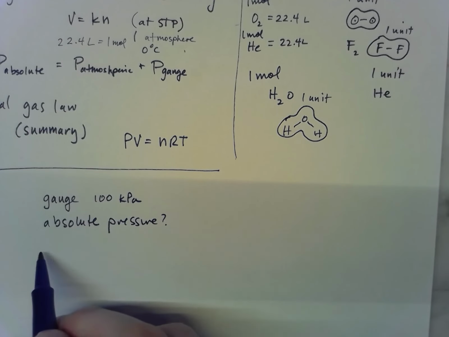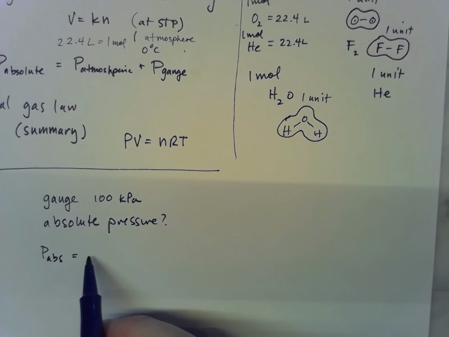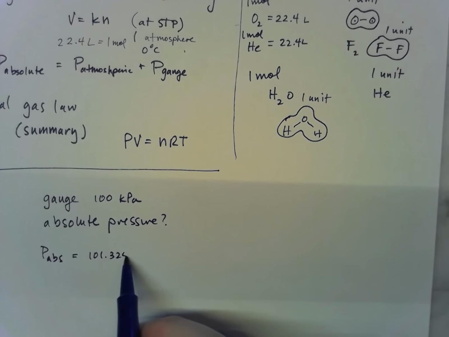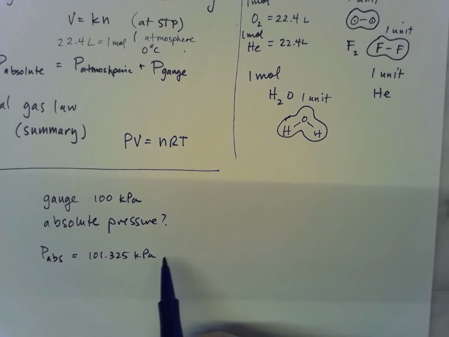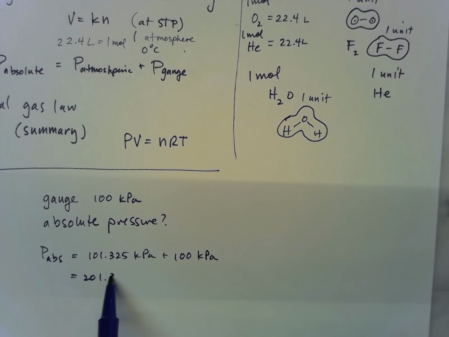We know P absolute is whatever the atmospheric pressure is, which is 101.325 kPa. And what's my gauge reading? It's reading 100 kPa. So my absolute pressure is actually 201.325 kPa.